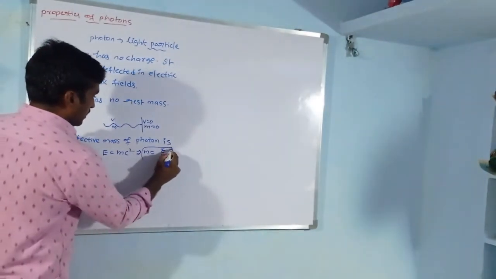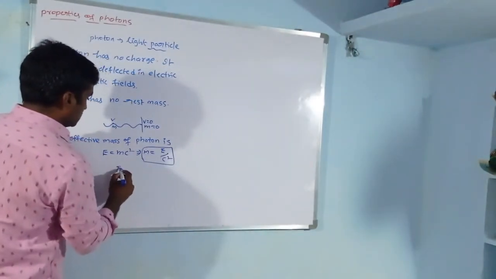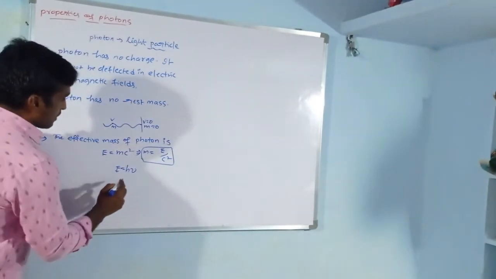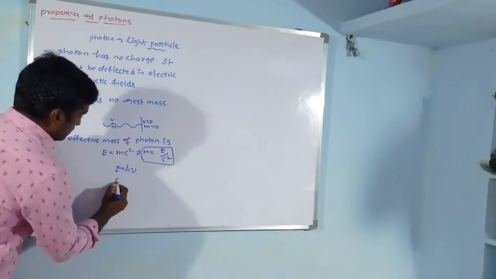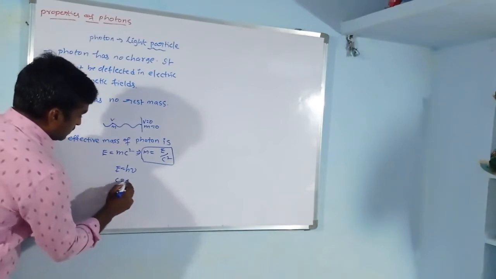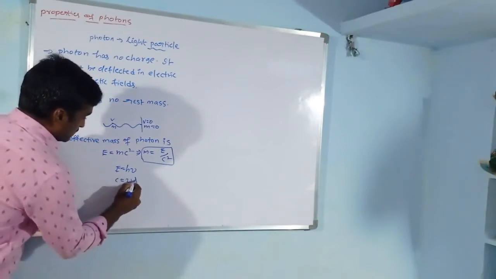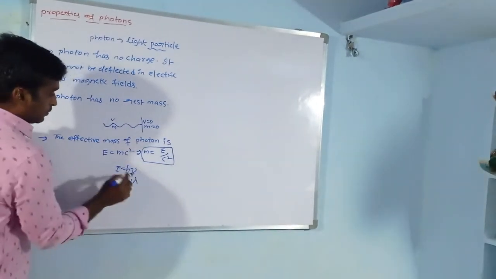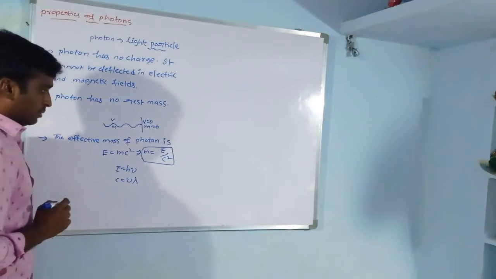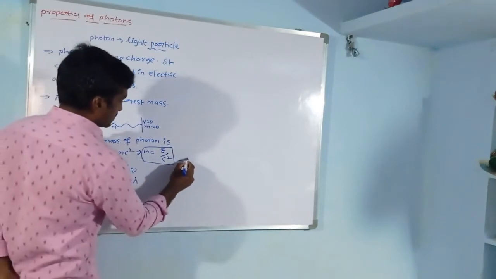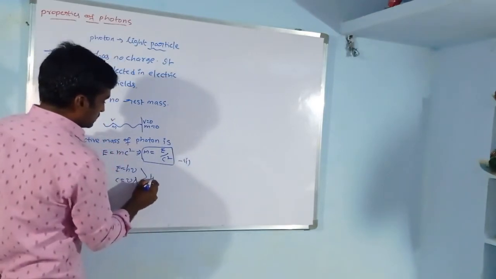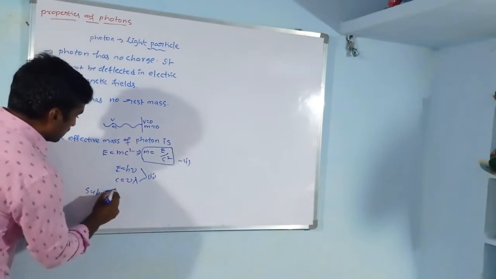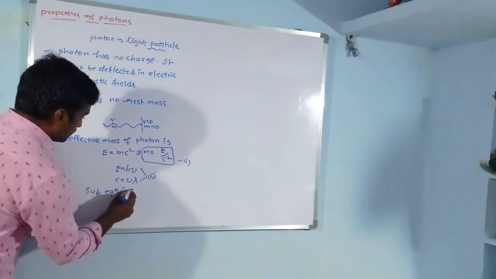We know the formula of energy. Energy of the photon is E = hν. Here c is the velocity of light, and c = νλ. Suppose this is equation 1 and this is equation 2. Substitute equation 2 in equation 1.